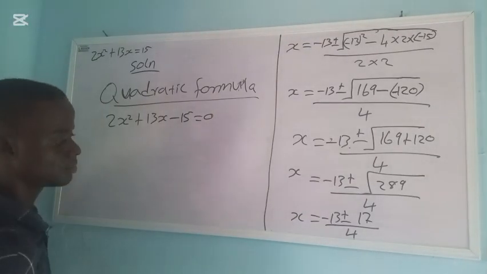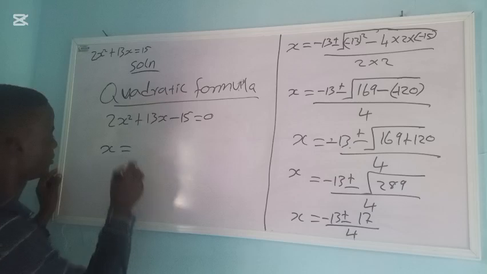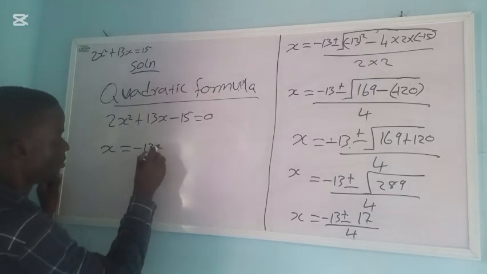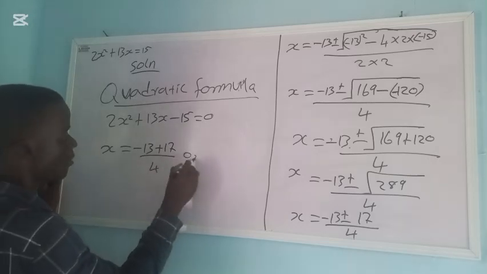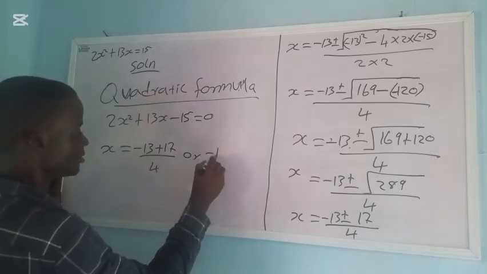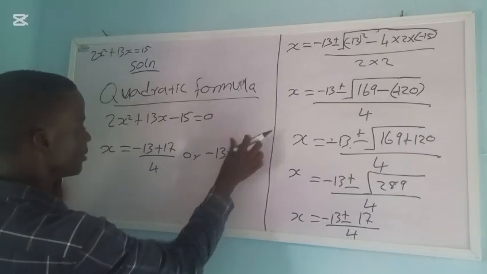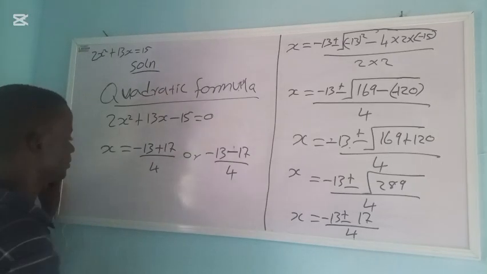Alright, I've cleared the side, so let's continue here. We have x is equals to minus 13 plus 17 all over 4, or minus 13 minus 17 all over 4.